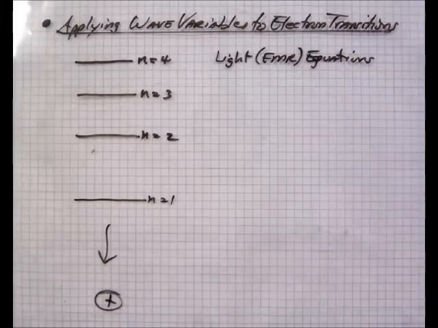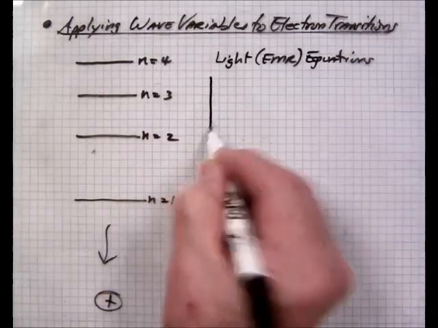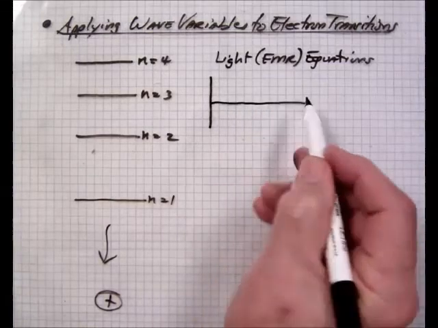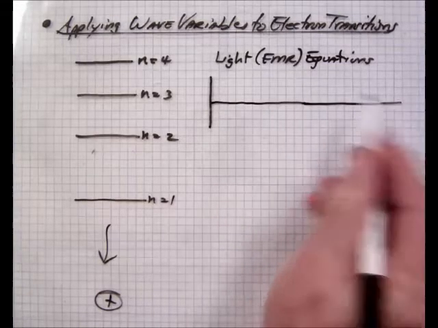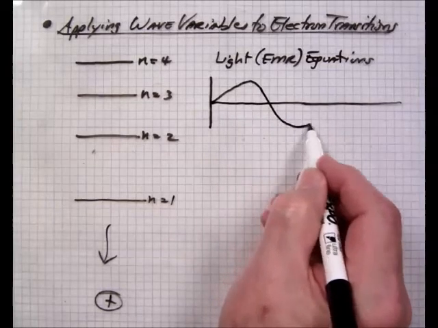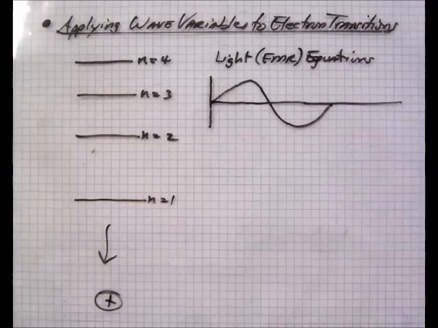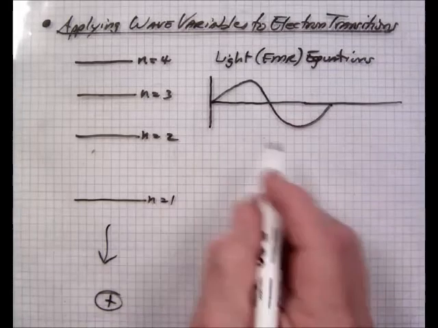When we talk about the electromagnetic spectrum and light variables, we have to understand wave concepts. A wave of light follows what we call a sine wave, like that. Many of you have seen that in math classes. This is a sine wave.